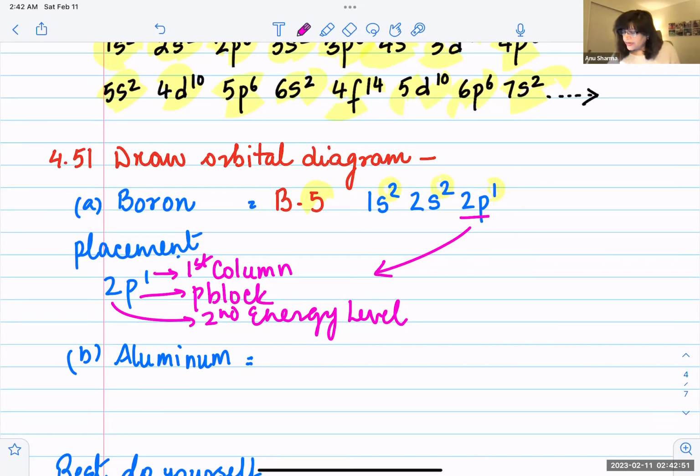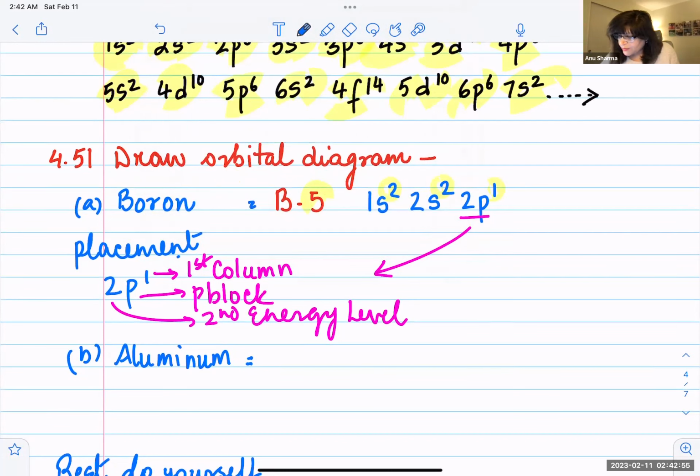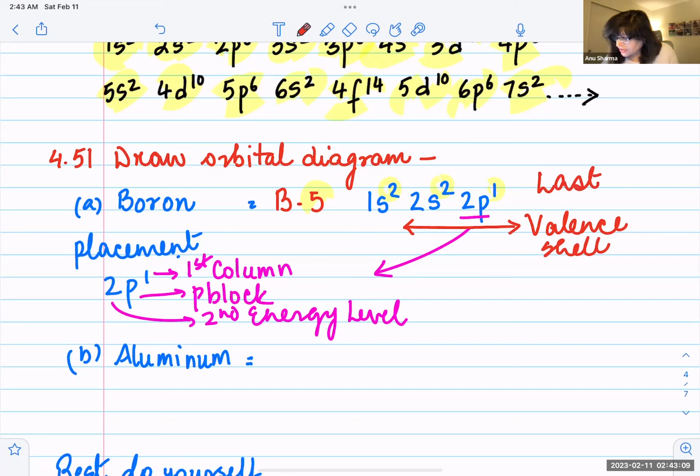Okay, so generally for the orbital diagrams, we look at the valence shell. And valence shell means the last shell, the last energy level.